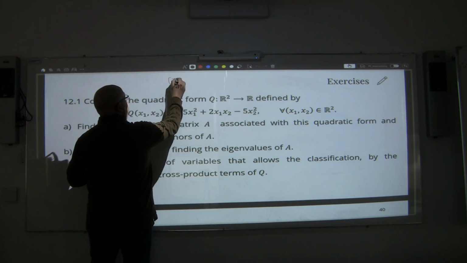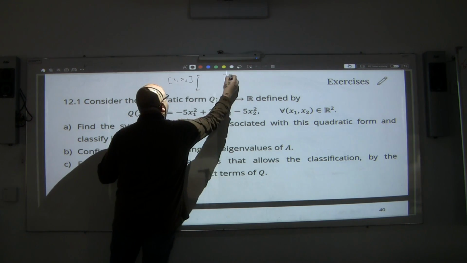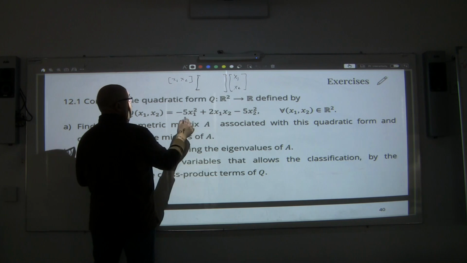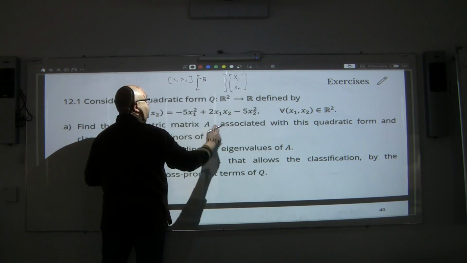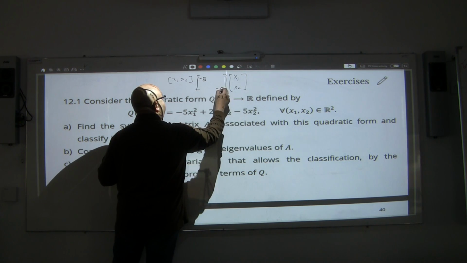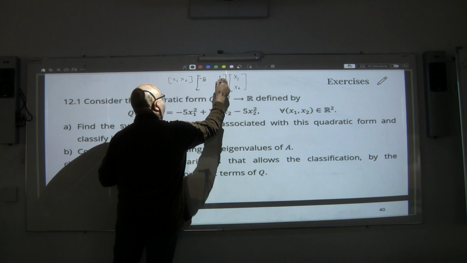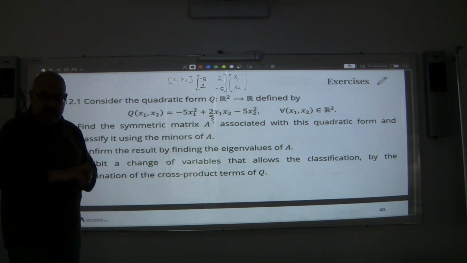So it's going to be (x1, x2), then your matrix, then (x1, x2). I will take negative 5, which appears in front of x1 squared, negative 5 also for x2 squared. Then I will divide the 2 by 2, putting half of it in position 1,2 and the other half in position 2,1. That's my symmetric matrix.